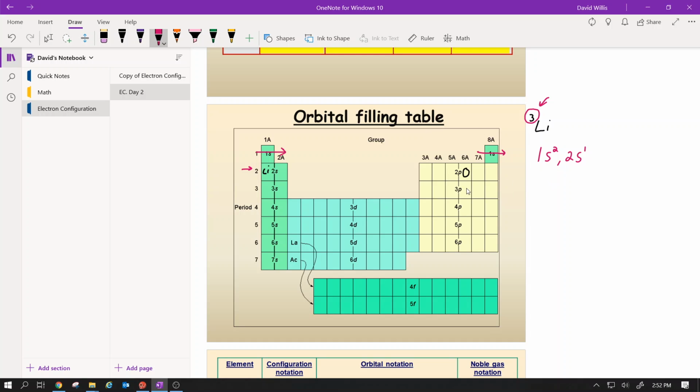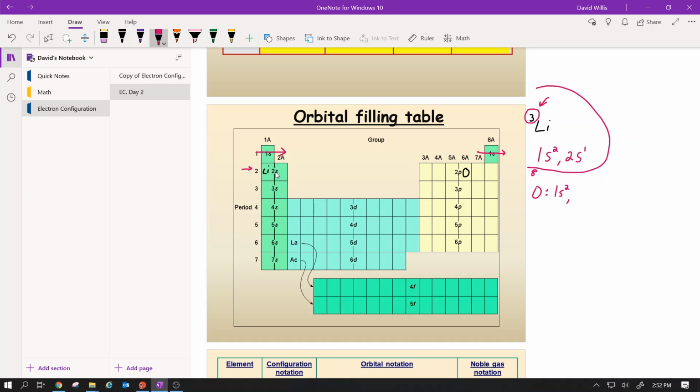So, how many electrons does oxygen have? 8. So that was lithium, and now we're going to have oxygen. And I need to get up to 8. I'm just going to put my 8 up here to remind me. The first 2 are going to go in that 1s orbital. So 1s2.